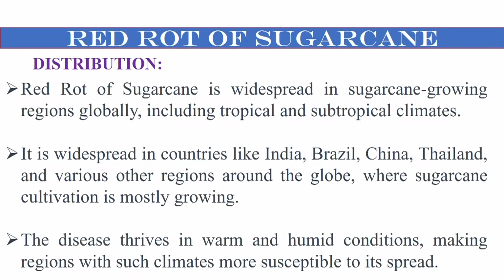Dear learners, we will discuss in detail the red rot of sugarcane. Red rot is widely distributed wherever sugarcane is grown. Basically, it has been distributed globally, and tropical and subtropical climates favor this disease.